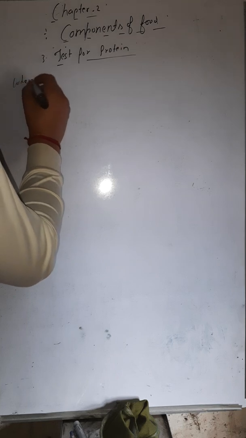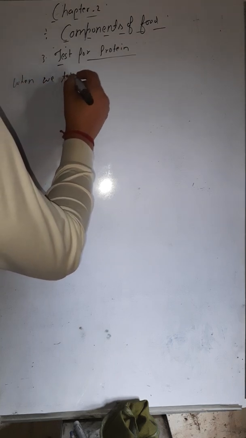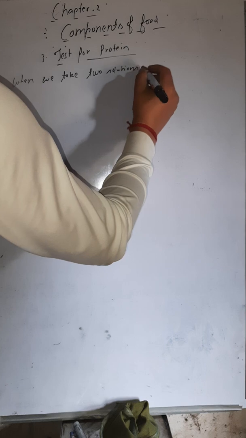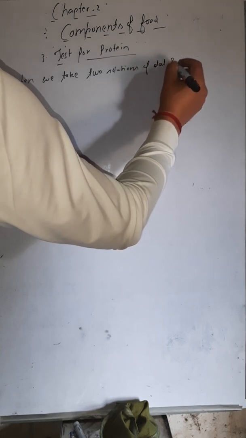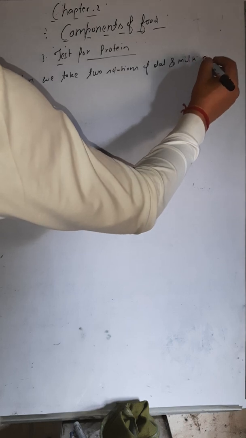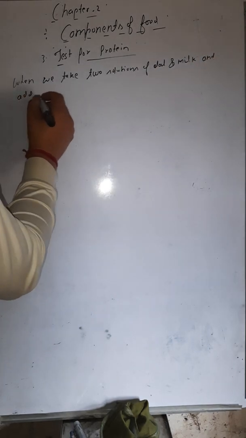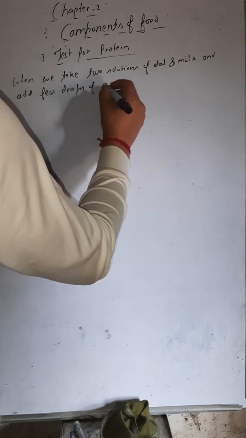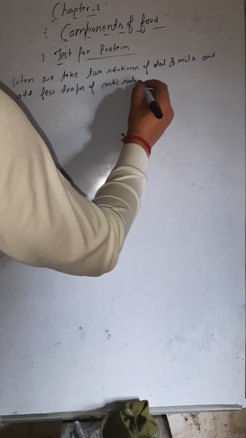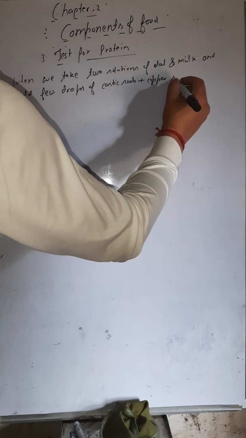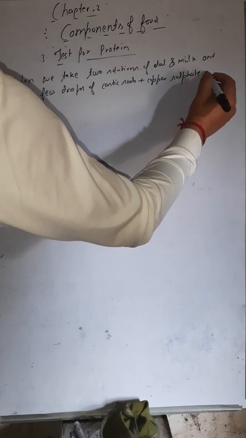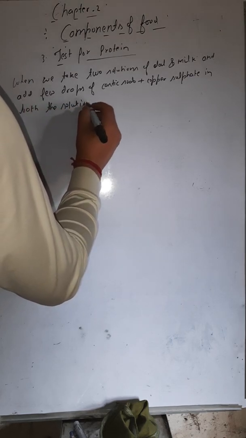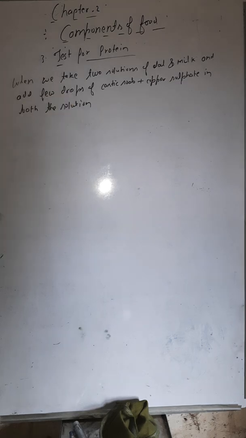When we take two solutions of dal and milk and add a few drops of caustic soda plus copper sulfate to both solutions, the color turns into purple.